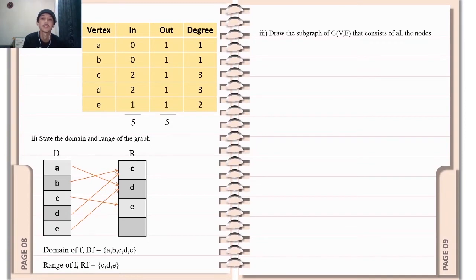For the third question, draw the subgraph of G(V, E) that consists of all the nodes.